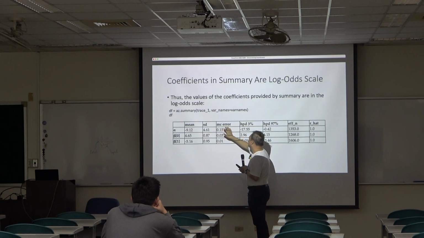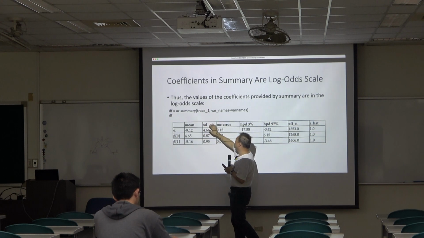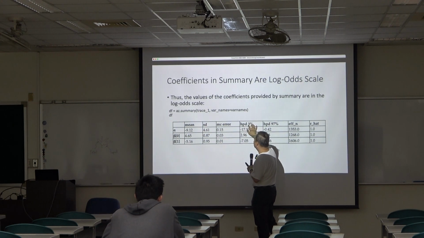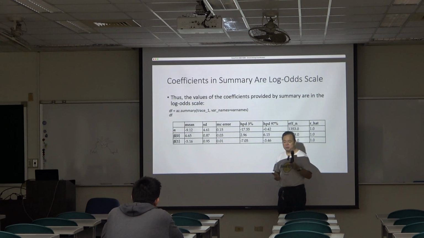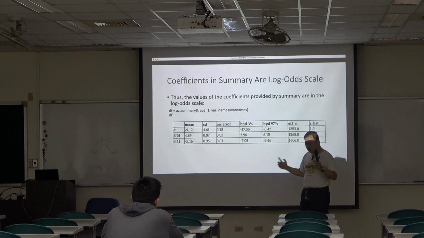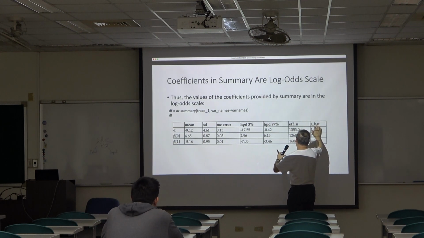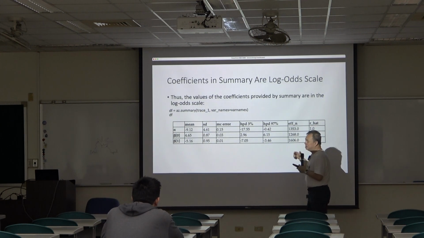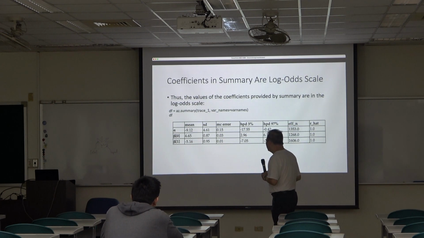So now you know the mean, the standard deviation, the MC error, the HPD 3% to 97%, which basically indicates the range of the 94% HPD, and the effective sample size. The only thing we haven't covered is this R hat. Unfortunately, we probably don't have a chance to cover that this semester.